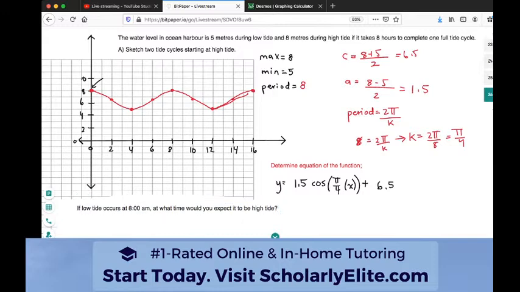One period is 8 hours. That means how long it takes to get from the high tide to the high tide. But how long it takes to get from low tide to the high tide is half of that. So there are 4 hours between low and high tides.